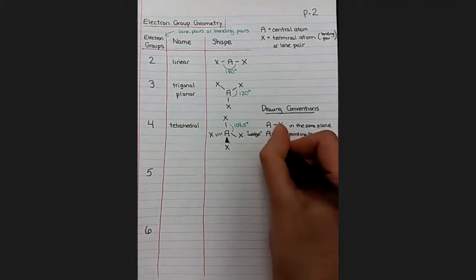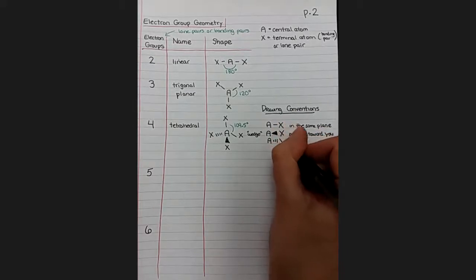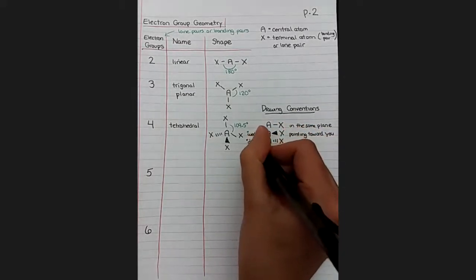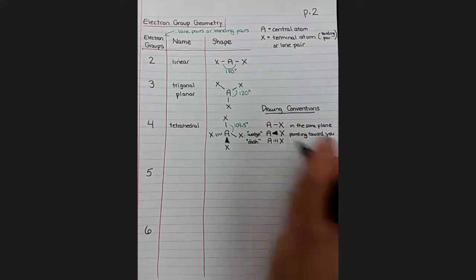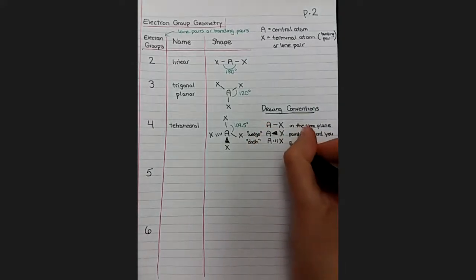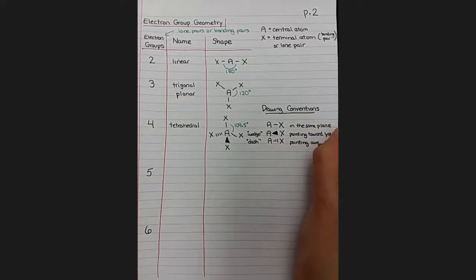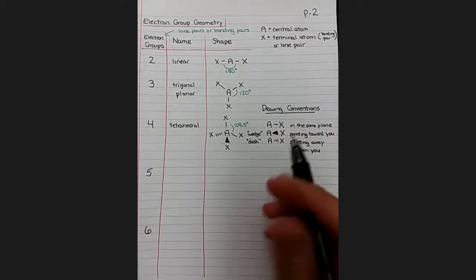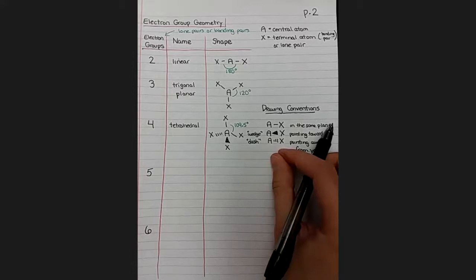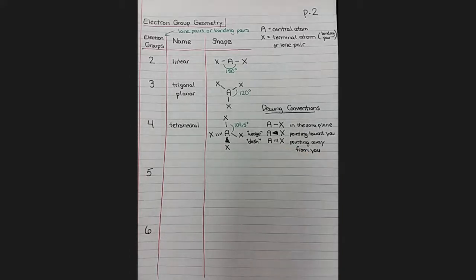And our other one is called a dash, or a dashed line, or dashes. And this indicates that this bond is pointing away from you. So the thing that's at the wide end of the X is going to be very, very far from the camera, from your point of view, and the A is going to be closer.